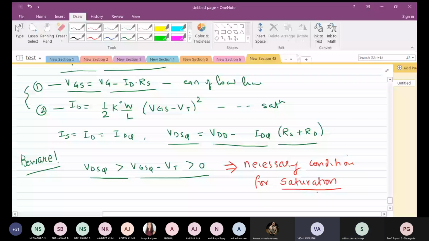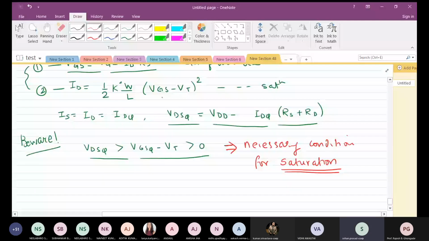So if your RD is too large, look at this equation.